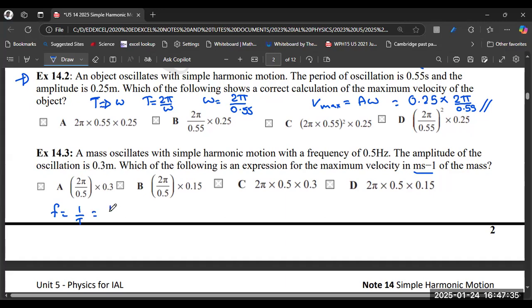Sorry, the time period will be equal to 1 over frequency. That is 1 over 0.5. Then omega will be equal to 2 pi divided by 1 over 0.5.